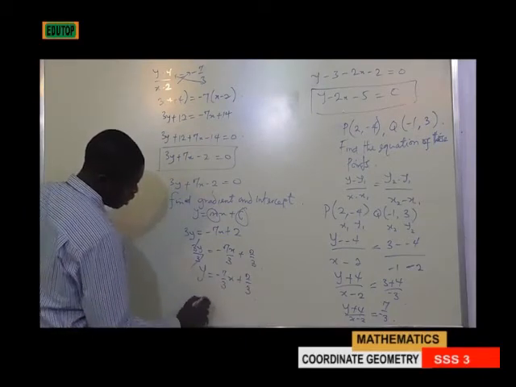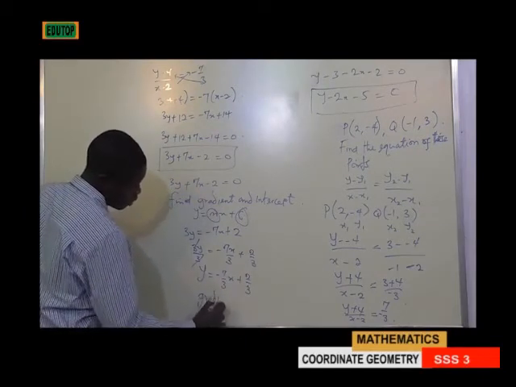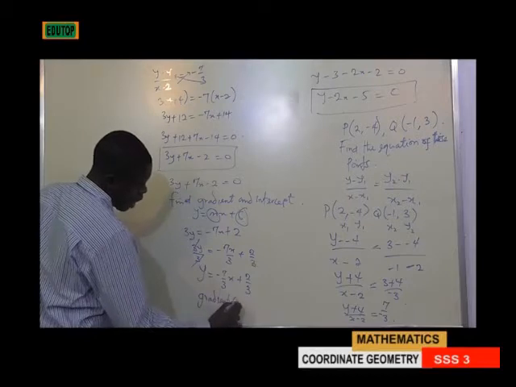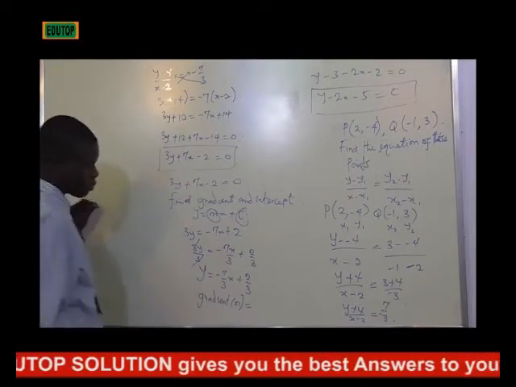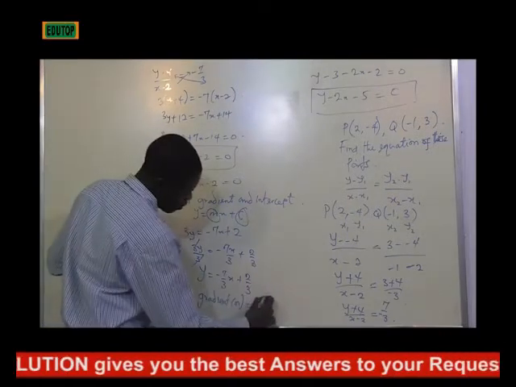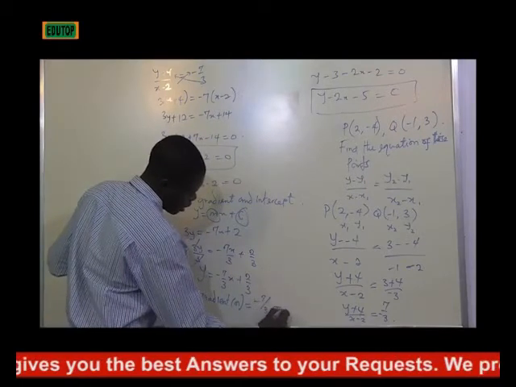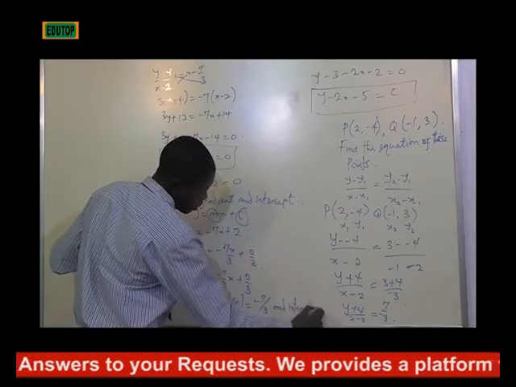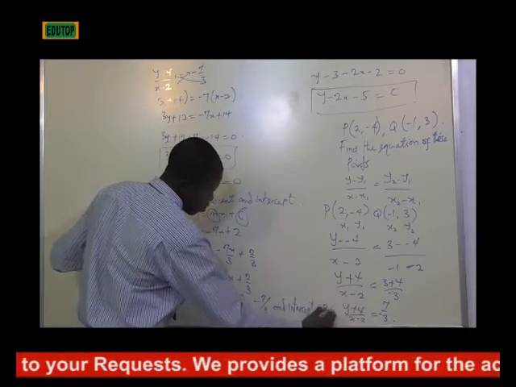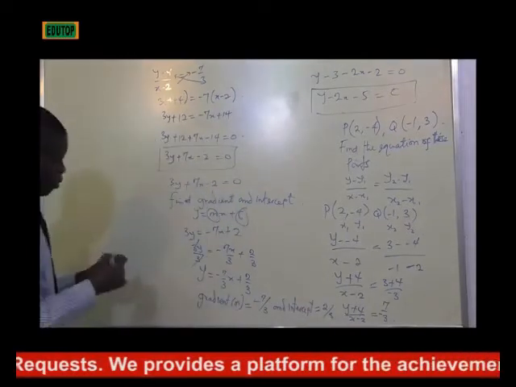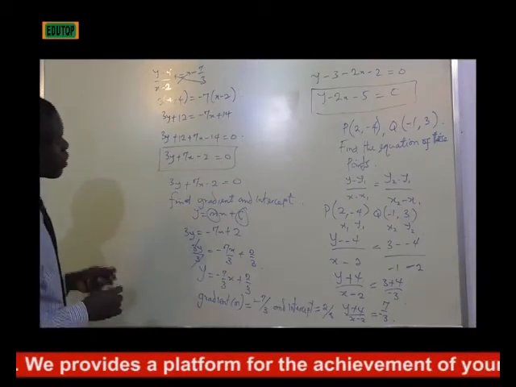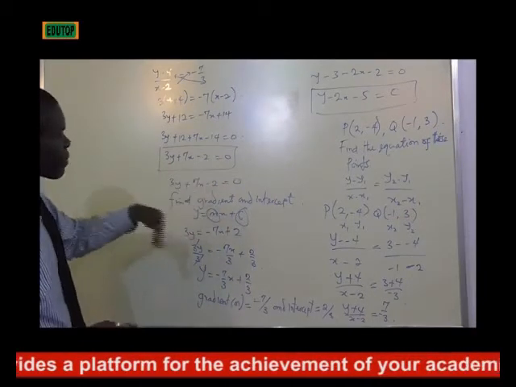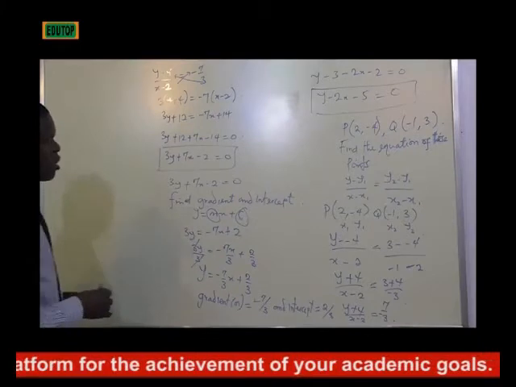So automatically the gradient, which is known as our m, is equal to minus 7 over 3, and the intercept is equal to 2 over 3. We are still going to discuss the gradient and intercept effectively.